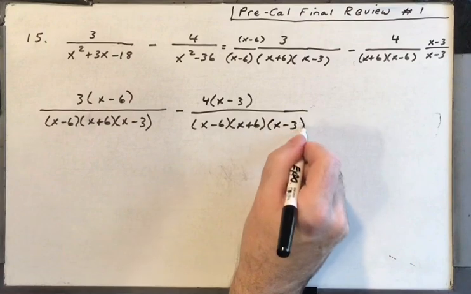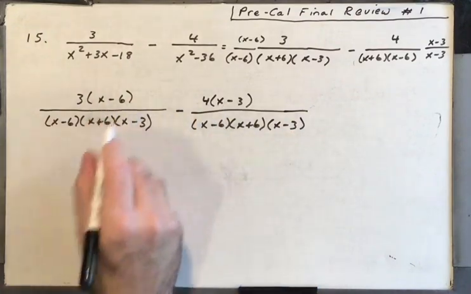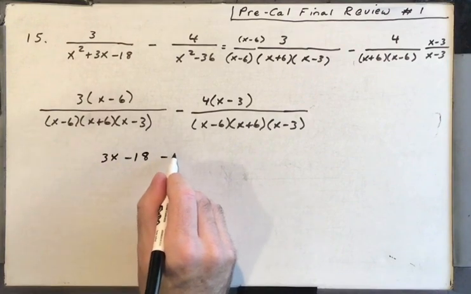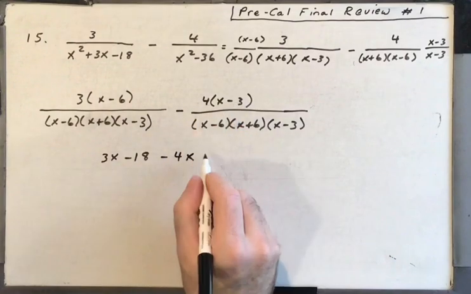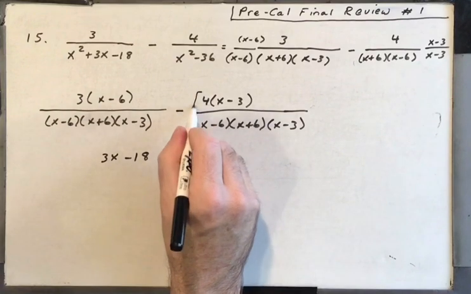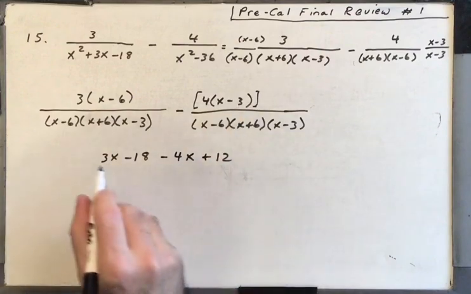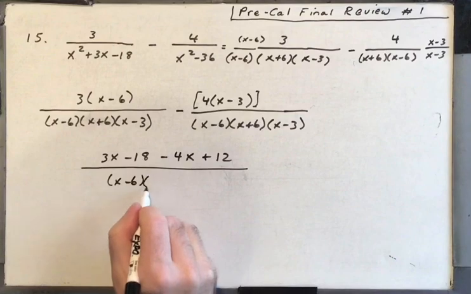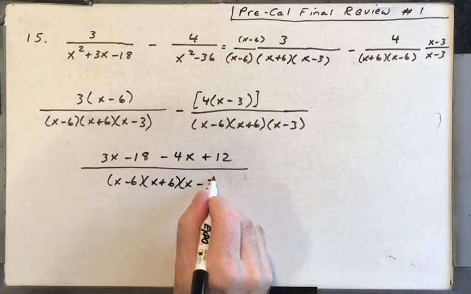Now we have our common denominator, and all we have to do is take care of the top. So the top, distribute to 3: 3x minus 18 minus 4x, and then minus 12. So that'd be plus 12. You've got to be careful with this negative, and make sure that you distribute that negative over the common denominator, x minus 6, x plus 6, x minus 3.